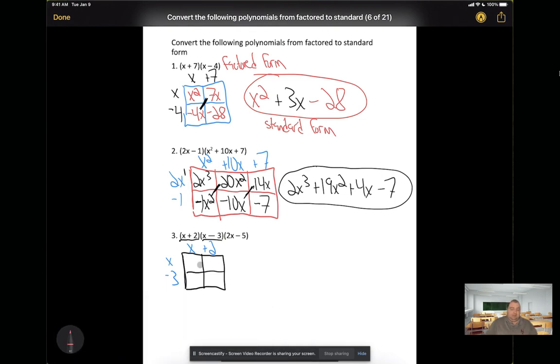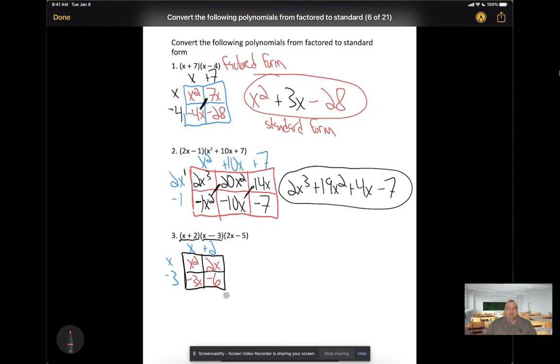So this top left is going to be x times x. So that's going to be x squared. This one is going to be negative 3 times x. So that's a negative 3x. This one is going to be 2 times x. So that's going to be 2x. And this one is going to be negative 3 times 2, which is negative 6.